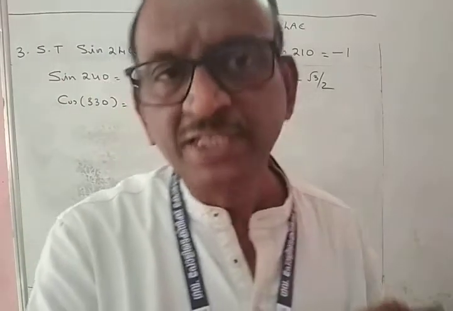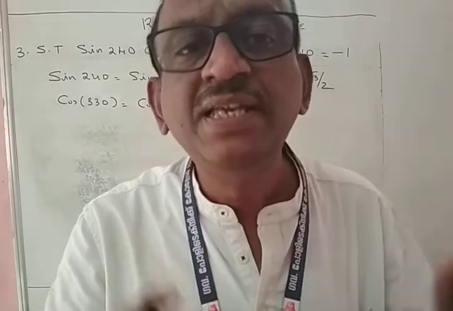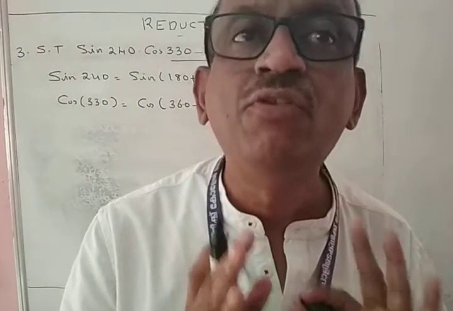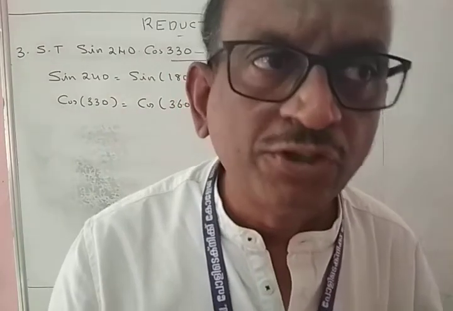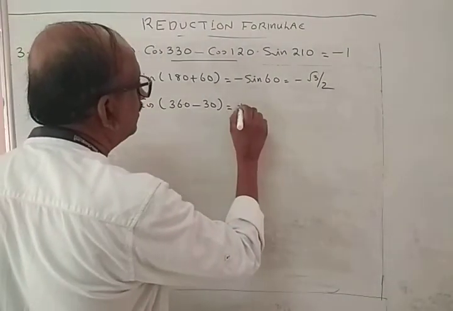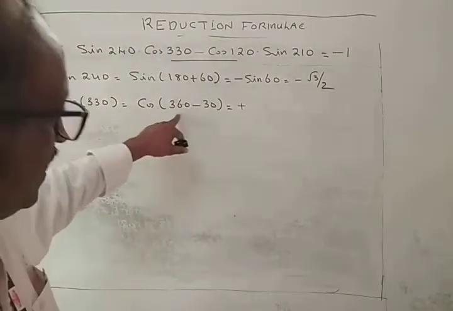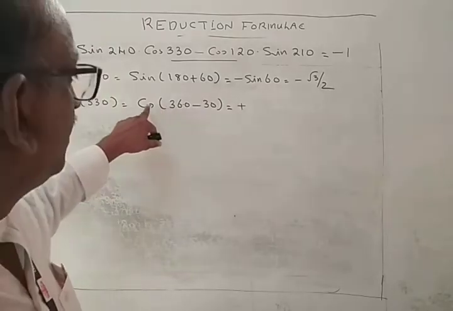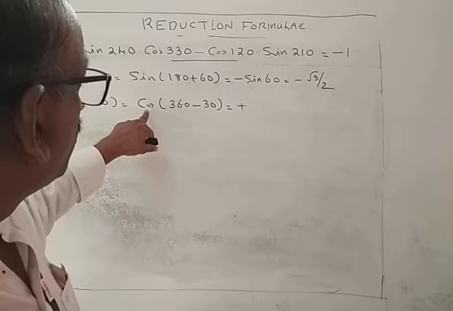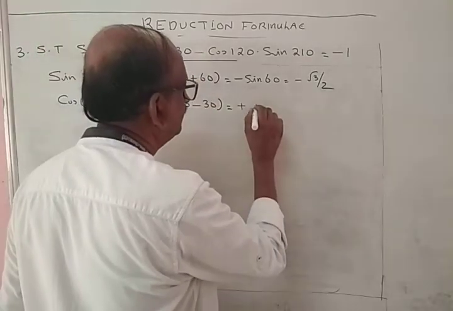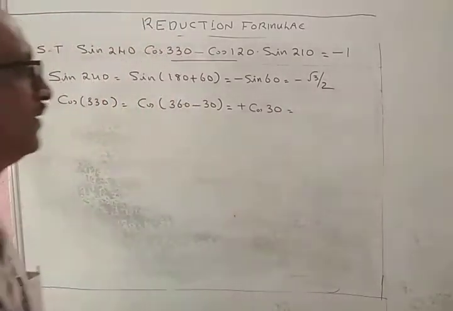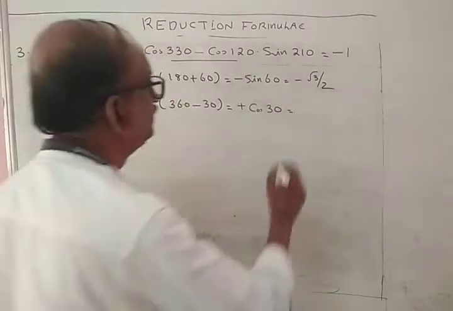We can express the 330 as 360 minus 30. 360 minus 30 is in the fourth quadrant. In the fourth quadrant, cosine is positive. Since this angle is 360 degree, the answer of this question is cos 30. Cos 30 is root 3 by 2.